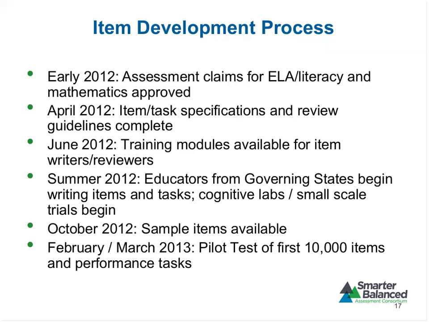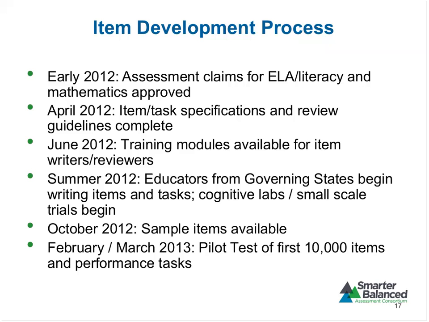The item development process for the assessment encompassed early 2012, before I was even on board in the project. We developed assessment claims for English language arts, literacy, and mathematics and approved them. And those claims are essentially, in English language arts, 4 general statements.